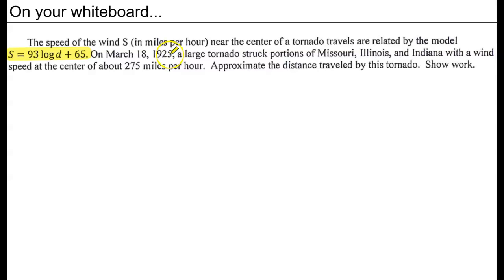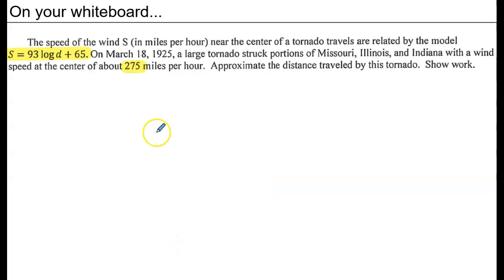On March 18, 1925, a large tornado struck portions of Missouri, Illinois, and Indiana with wind speed at the center of about 275 miles per hour. And miles per hour is the units on the speed of the wind, which is S. We want to approximate the distance, D, traveled by this tornado.